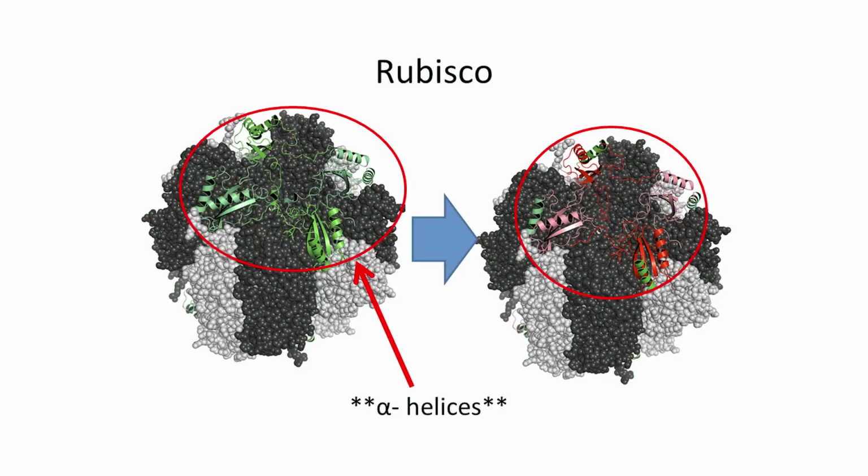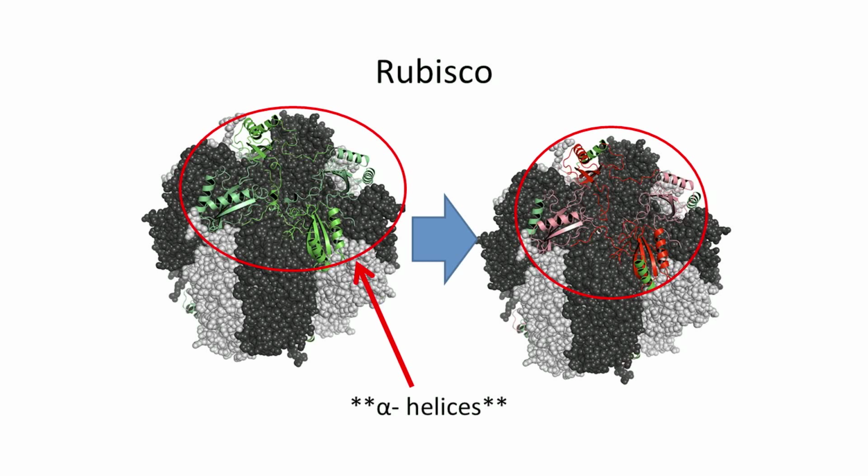Okay, so we're going to have a look at the Rubisco enzyme structure, and that's the enzyme involved in carbon fixation. As we can probably see, there are 8 large subunits and 8 smaller subunits, and on the smaller subunits we have alpha helices.